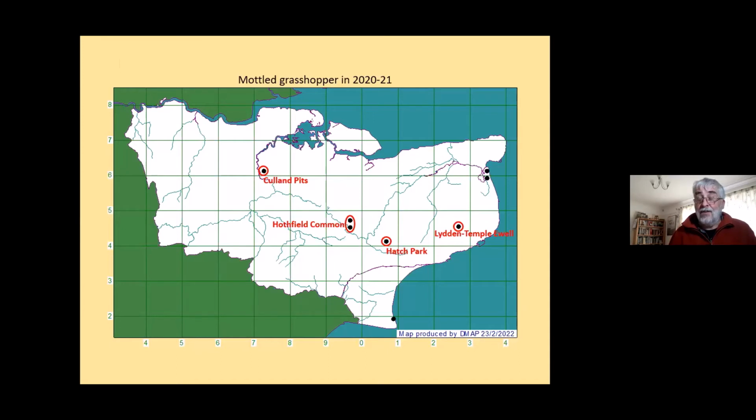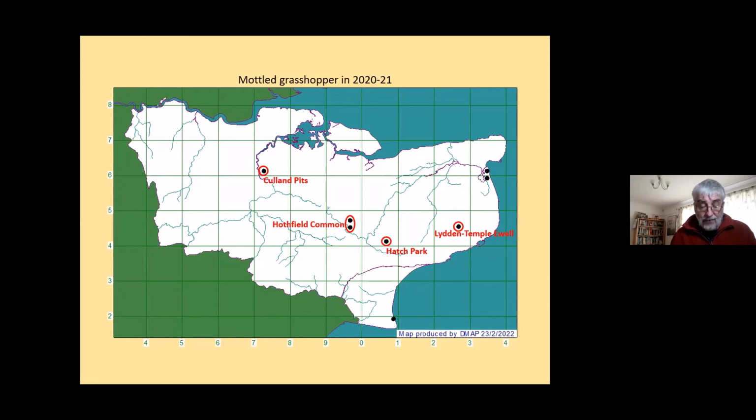Another site where I failed to find the insect was Lyddon Temple Ewel. So I've looked at chalky and heathy habitats, but Lyddon Temple Ewel on the chalk downland used to be very good for it. Marshall and Hayes list Lyddon Temple Ewel Reserve as one of the outstanding sites for Orthoptera.